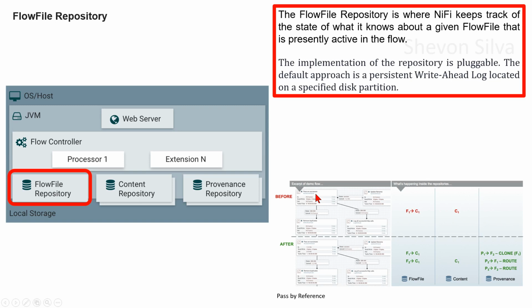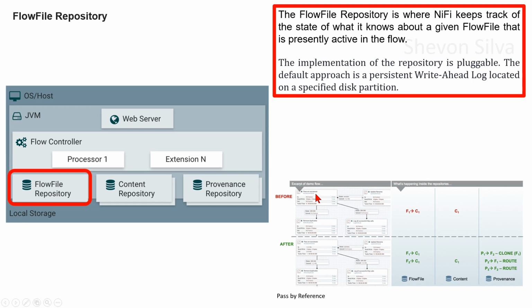Those that are unmatched are dropped by the RouteOnAttribute processor because it is configured to auto-terminate any data that does not match any of the routing rules.